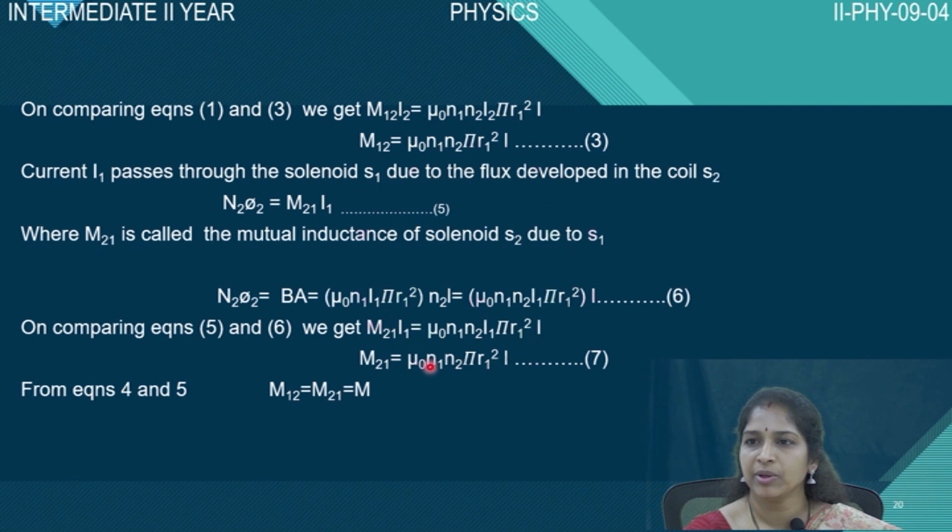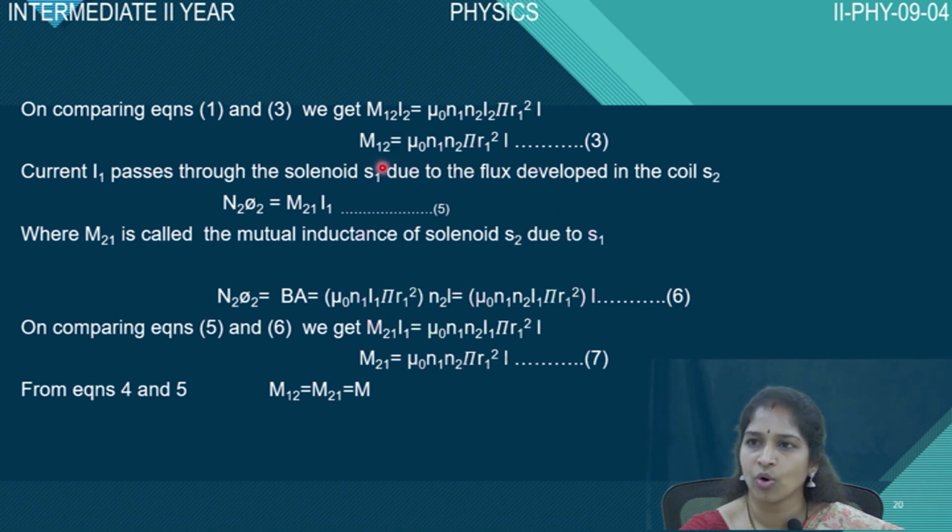After simplifying, M21, the mutual inductance of solenoid S2 due to S1, is mu naught N1 N2 pi R1 square L. See, if you look at equation 3 and equation 7, M12 is what?